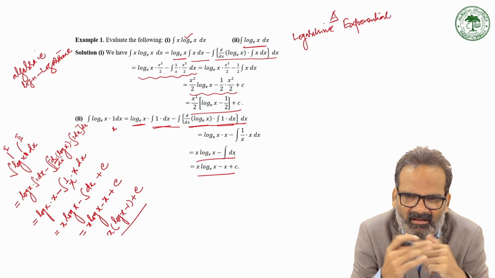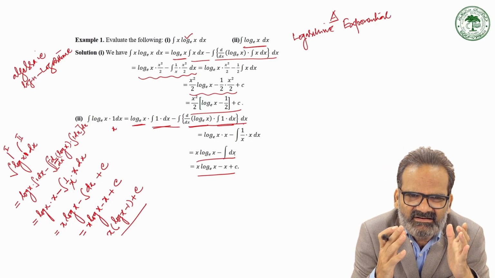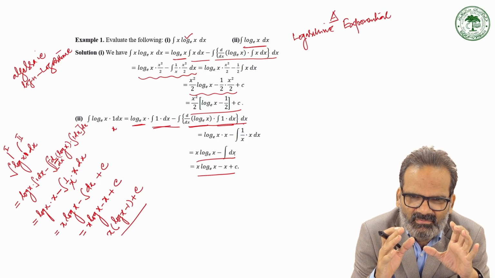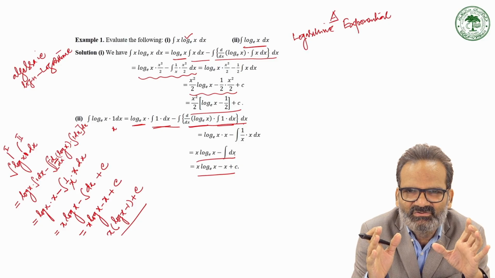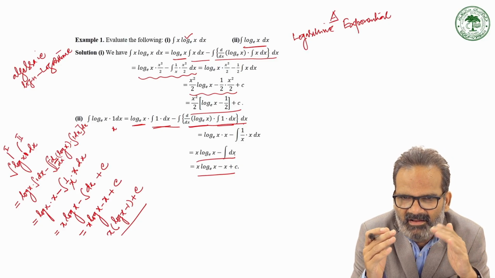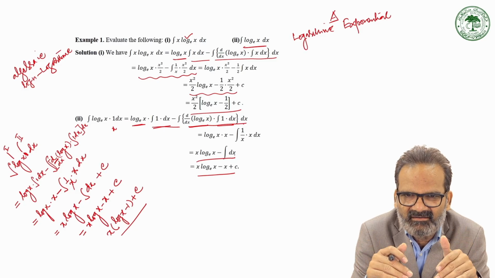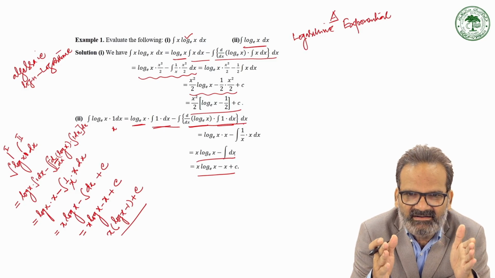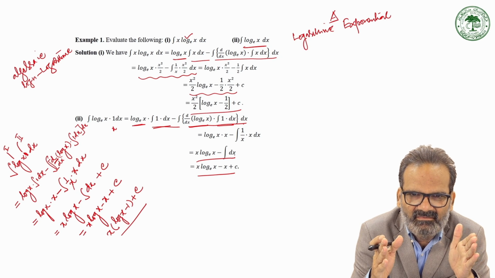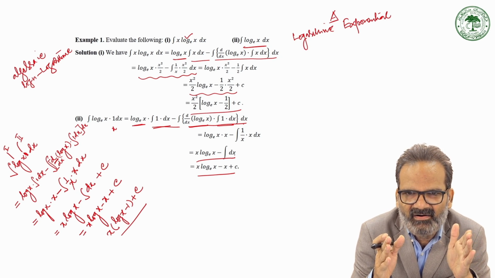Second thing, one more thing I will advise you. As far as the constant of integration is concerned, it is not mandatory for you to write the constant of integration in every line. I advise you, it is far better to add the constant of integration in the last line, whenever you are writing down the final integral of any given function.